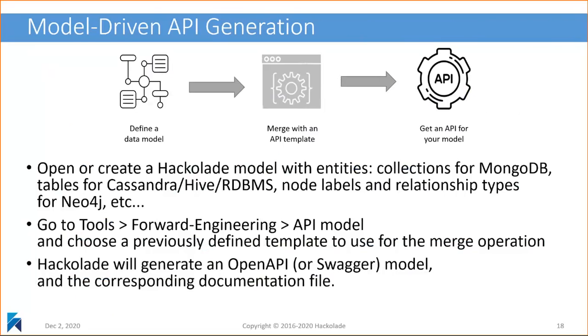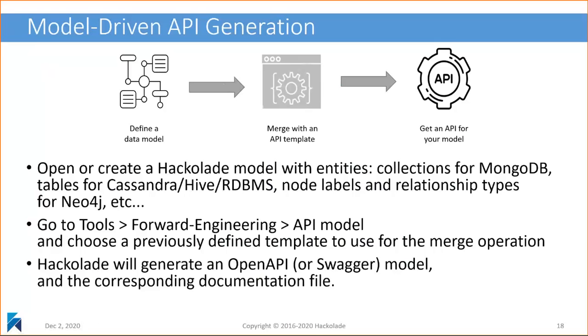So now that we've set the context, let me introduce our model-driven API generation feature before I get into the hands-on demo. It's a three-step process. You take a data model, and it can be tables or views for a relational database, or it could be denormalized NoSQL structures, or Avro schema for Kafka, or Parquet schema for a data lake. That's the first step. In a second step, you select a standard API template for your company.